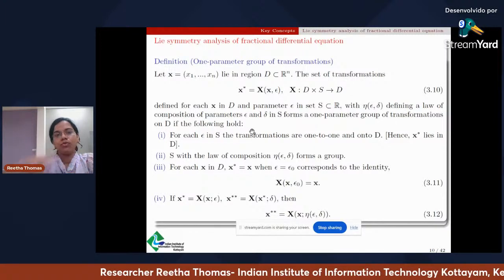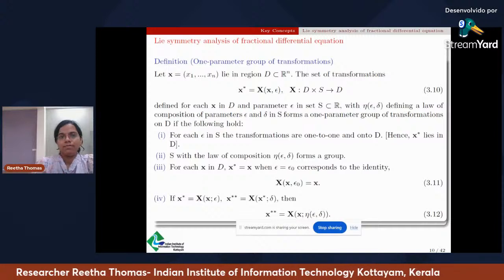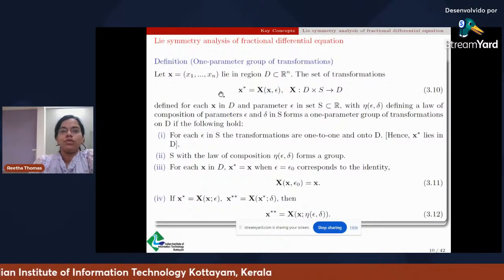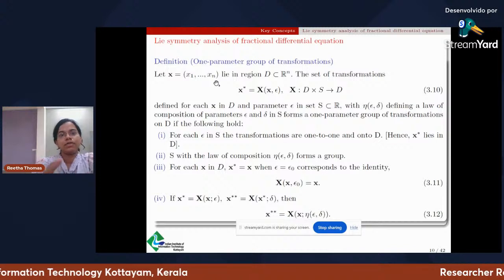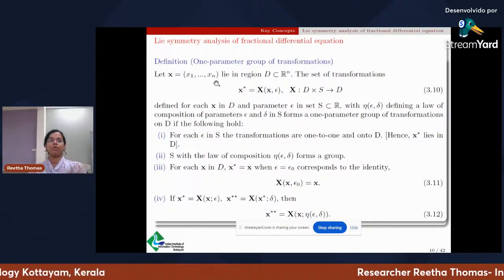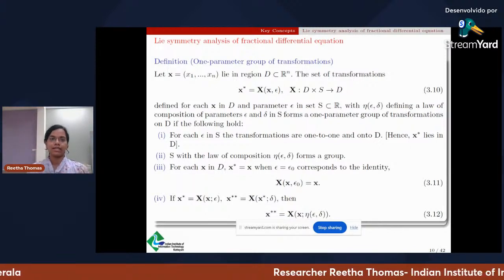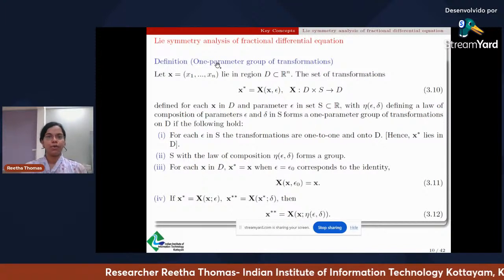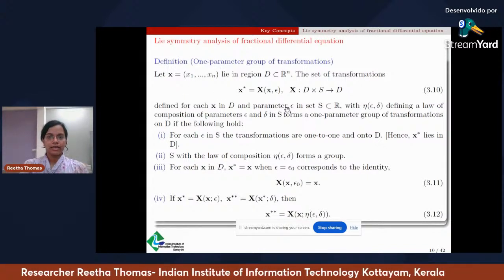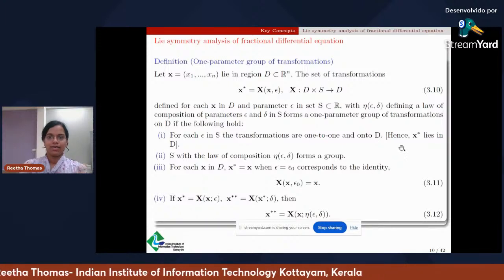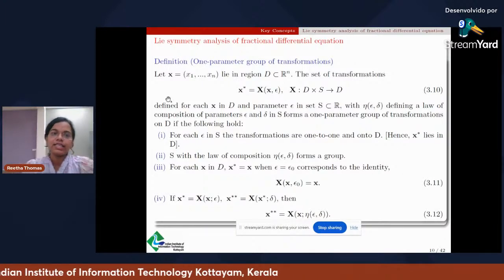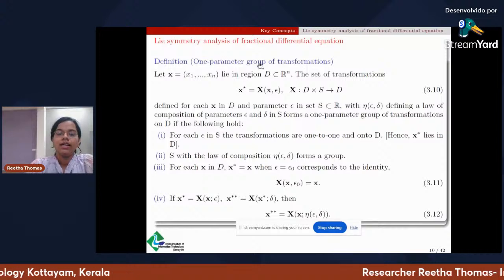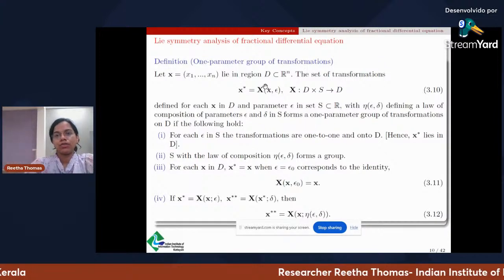And we can move to some terms used to obtain the exact solution using Lie symmetry analysis. The first one is the one parameter group of transformations. We first need to know what that is. For that, we define a one parameter group of transformations as in this equation. That is, let x equal to x1, x2, ..., xn lie in a region D, a subset of Rn.